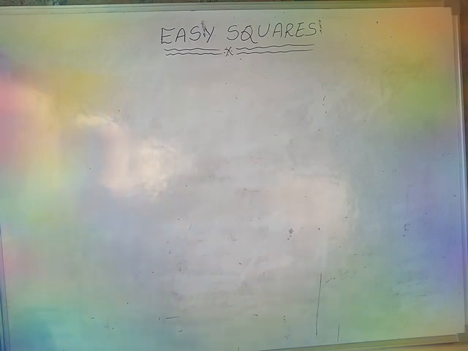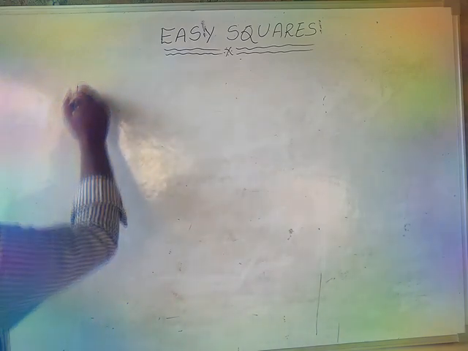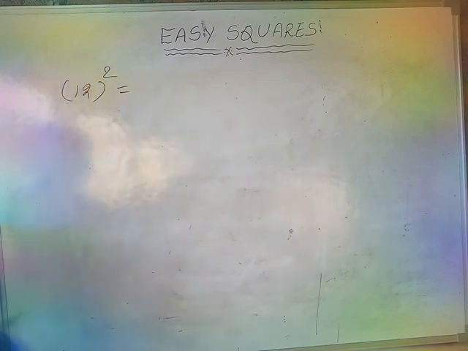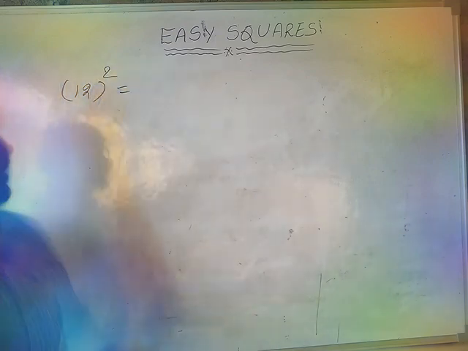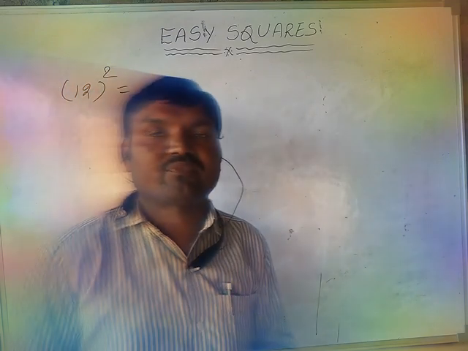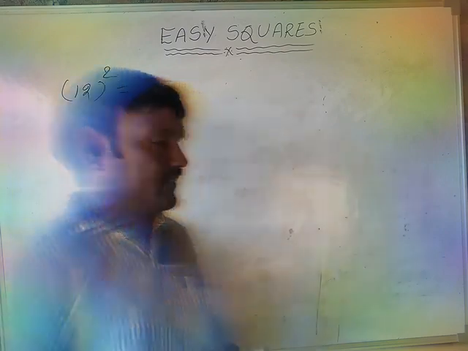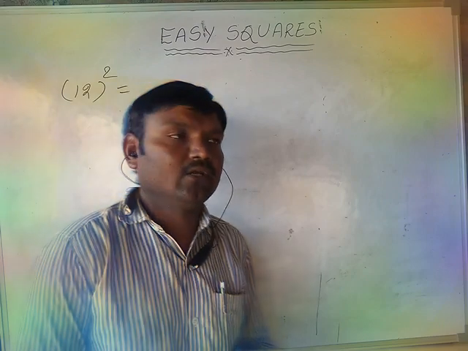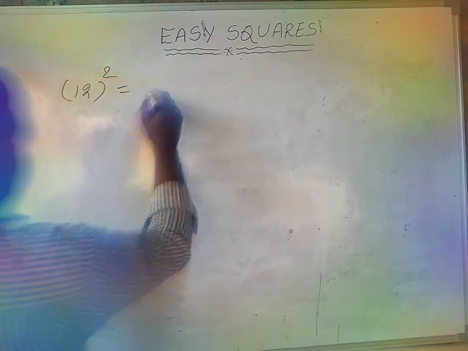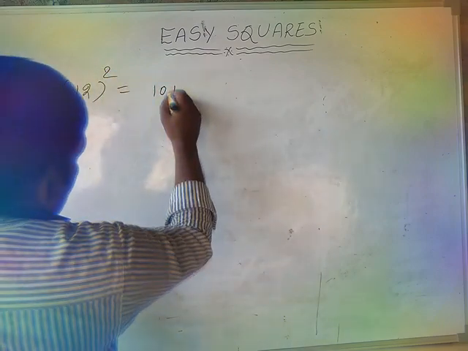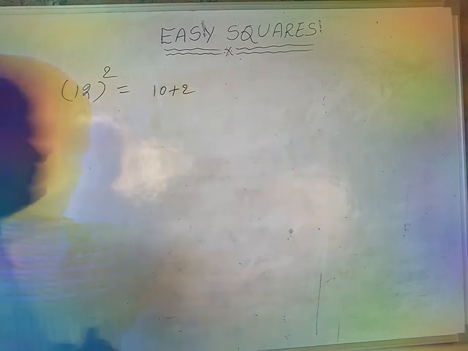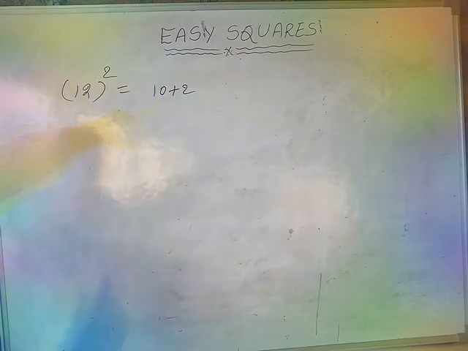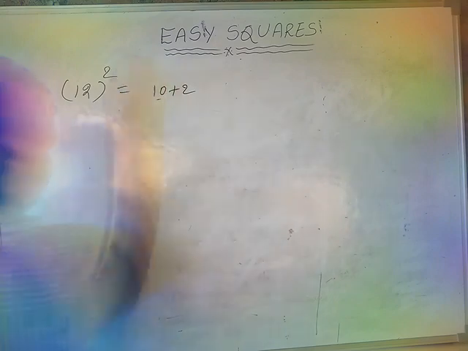So for example, 12 square. 12 means 10 plus 2. Look here, 10 is the main base.